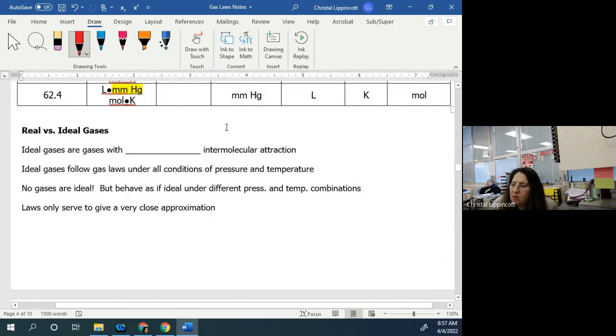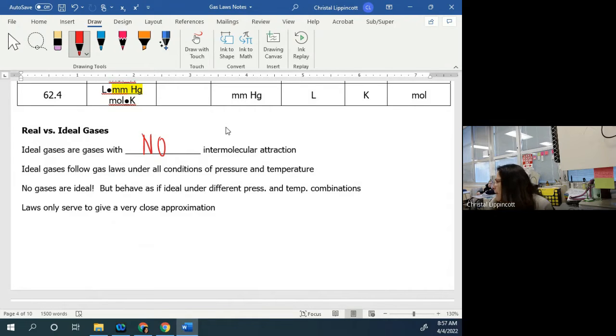Ideal gases are gases with no intermolecular forces. Ideal gases follow gas laws under all conditions of pressure and temperature. But just as a kind of side note, technically we don't have ideal gases. But in here, we're going to assume that everything is because it makes the math much easier.